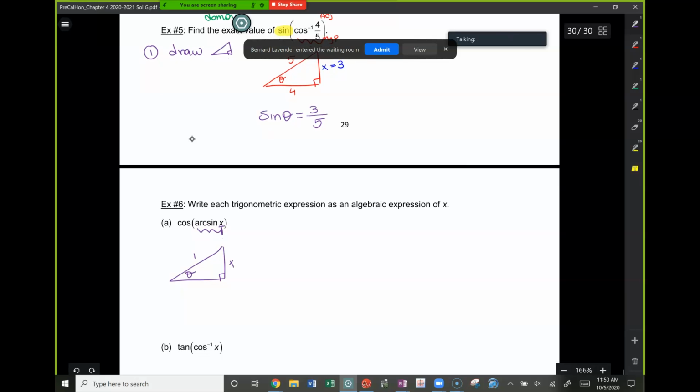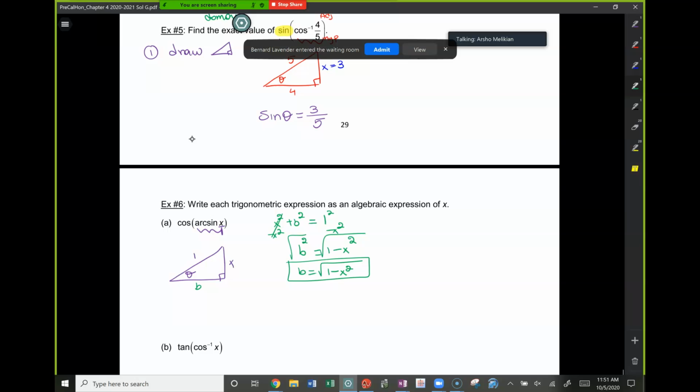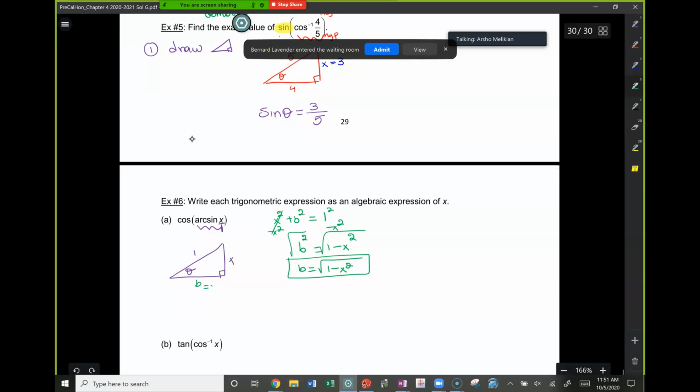Now, this bottom side b, if I do the Pythagorean theorem, I subtract x squared. B squared is equal to 1 minus x squared. Take the square root. B is the square root of 1 minus x squared. So this is the square root of 1 minus x squared.